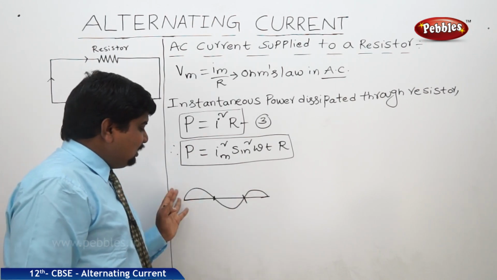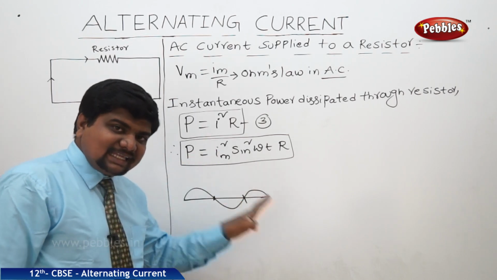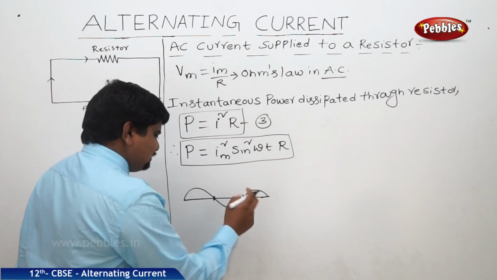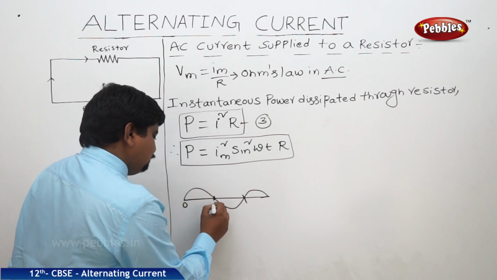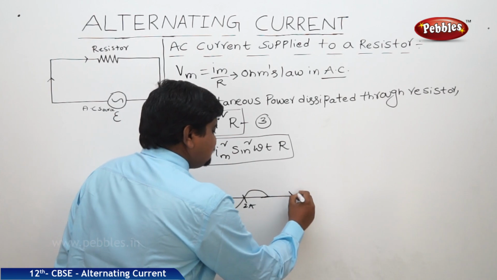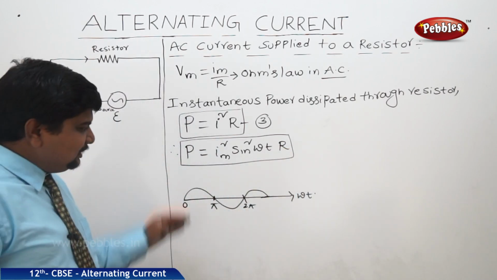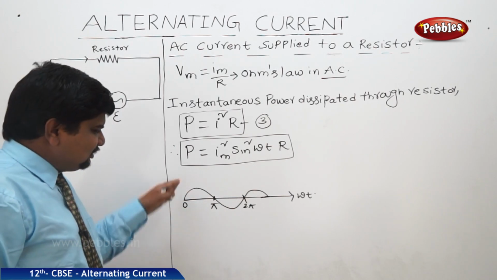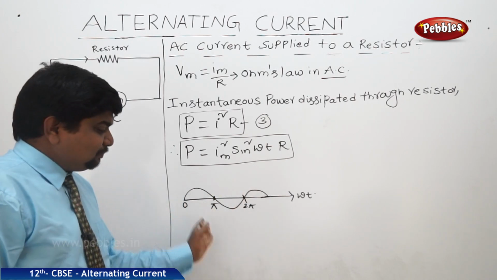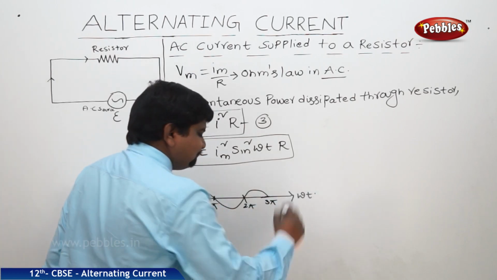That is nothing but the average power consumed in a complete cycle. So whenever it is like this, we can say it as 0, this is pi, this is 2 pi, and this axis is omega t. Maybe the amplitudes may be different, but the variation is common with respect to the pi, 2 pi, 3 pi, like that. And here we can write it is 3 pi.